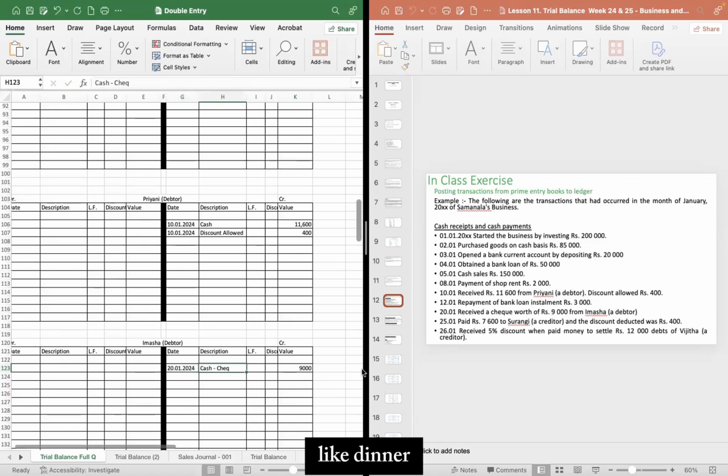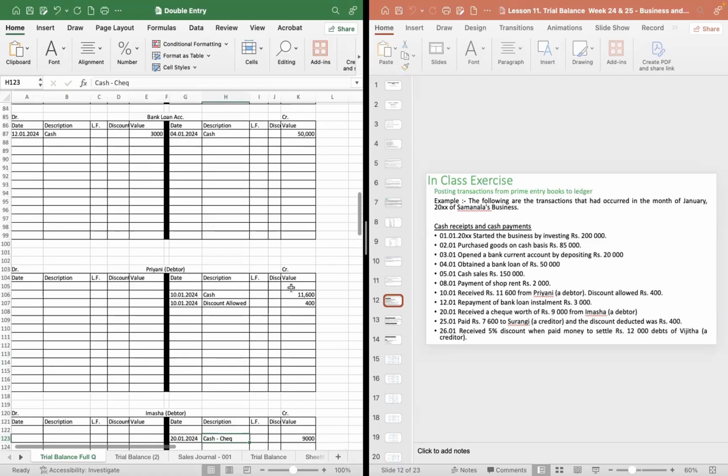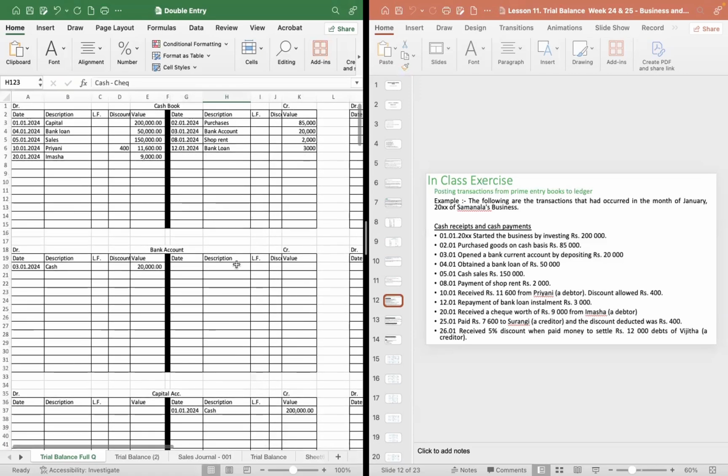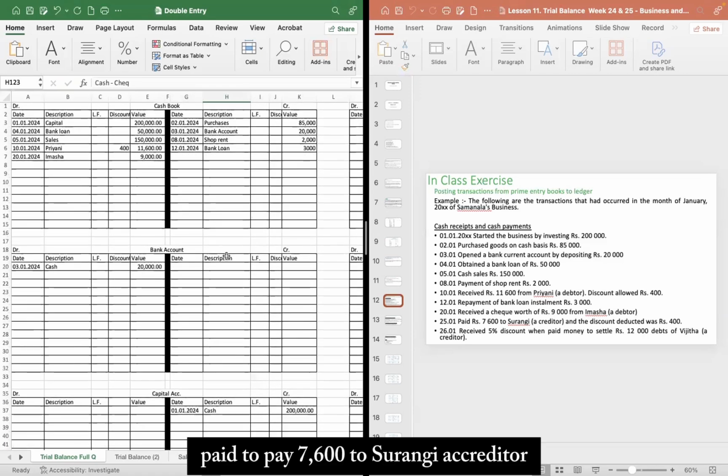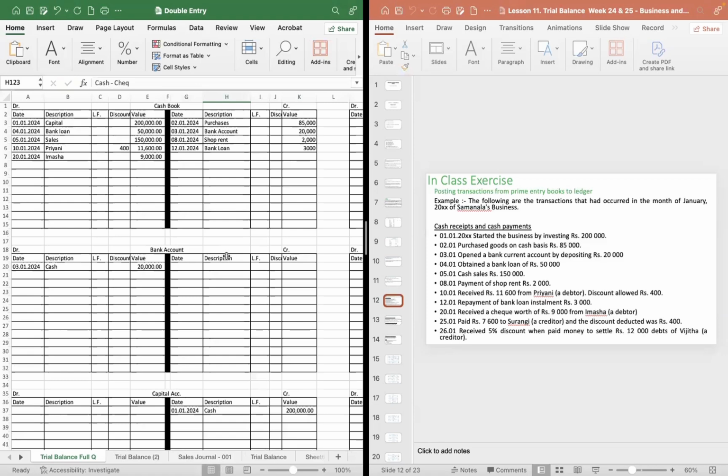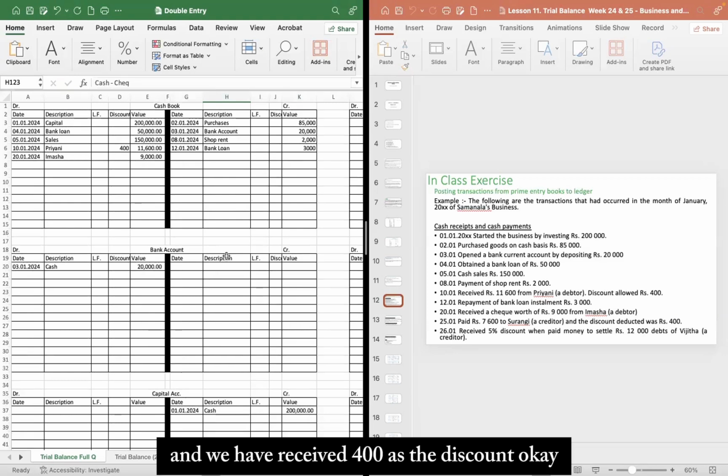Right. Then paid rupees 7,600 to Surangi, a creditor, and discounts deducted was 400. We have paid Surangi, the creditor, 7,600, and we have received 400 as the discount. Okay.